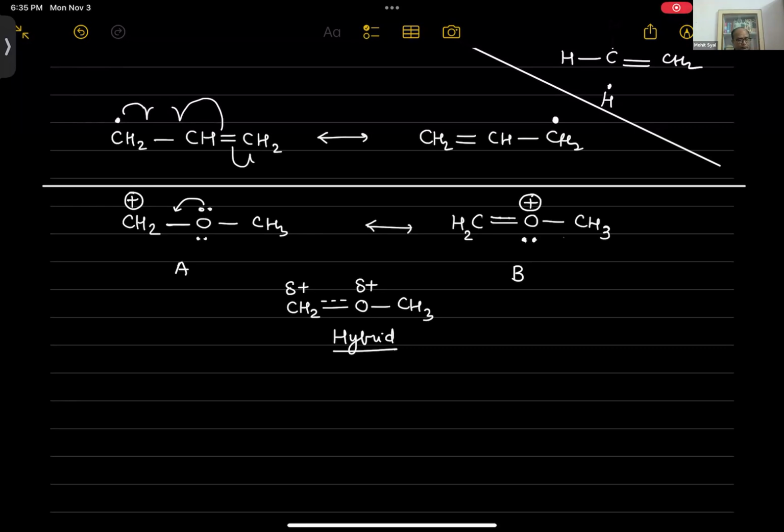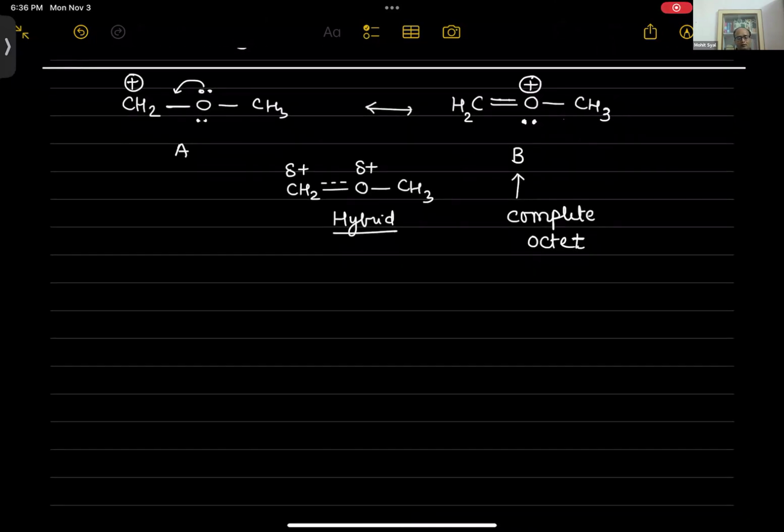Yeah, actually, this B is more stable because of complete octet of all atoms. Is it clear or not? Complete octet means 8 electrons. Got it? Clear? Yes, sir. So this is going to be more stable. Resonance stabilized, right?